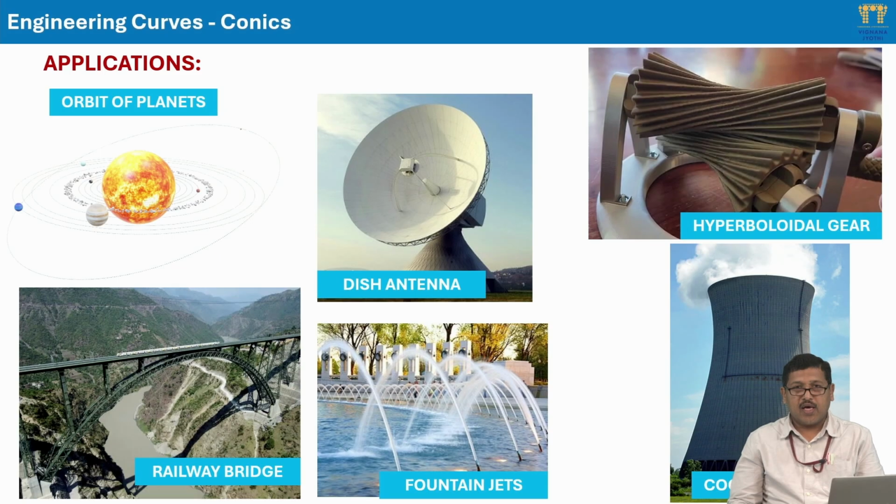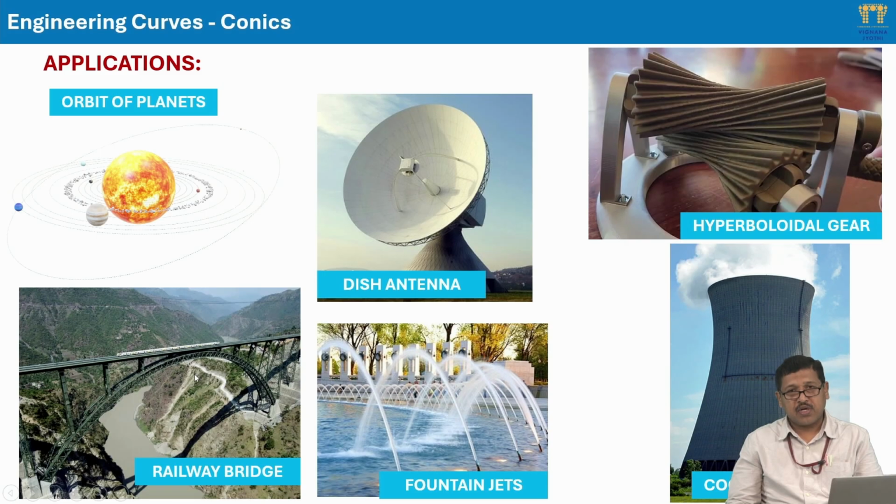In our day-to-day life, we find plenty of applications wherein these curves are used. For example, all our planets are orbiting in an elliptical path, so this image is for the elliptical curve. Similarly, we have the dish antennas. They also represent the engineering curve.